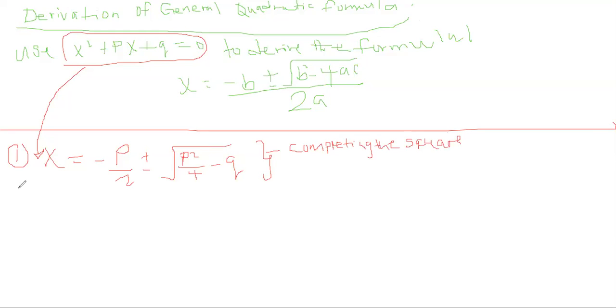So from there, you need to know what is p, and you need to know what is q as well. So here, we know that p is b over a, and we know that q is c over a.